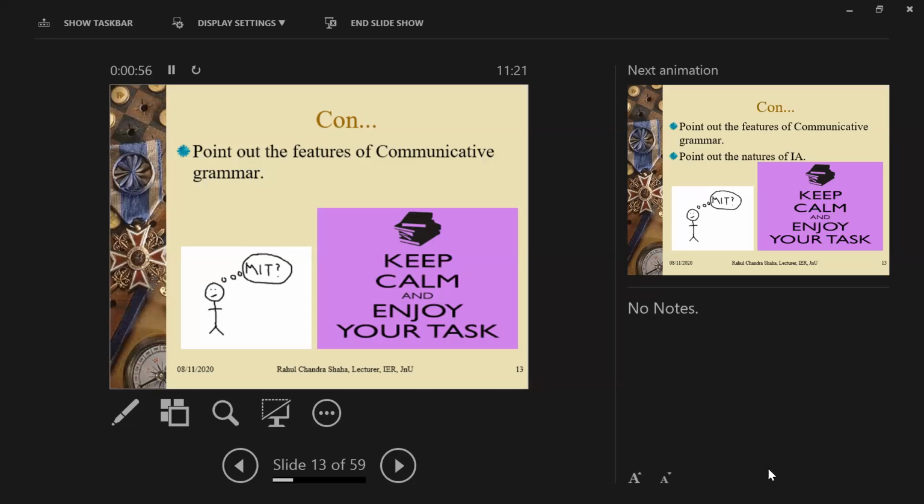Do you understand, dear students? So all are requested to point out some features of the communicative grammar, on the basis of your understanding and your perception. You have to point out at least one point about the communicative grammar's features. Do you understand, dear students?